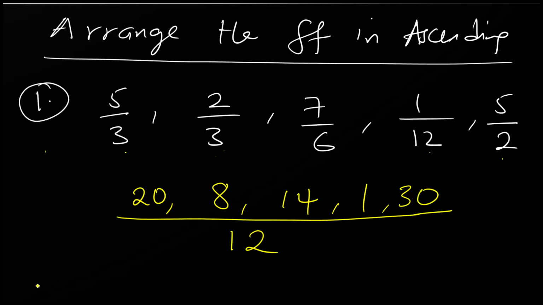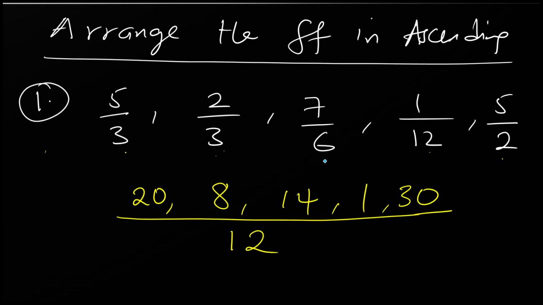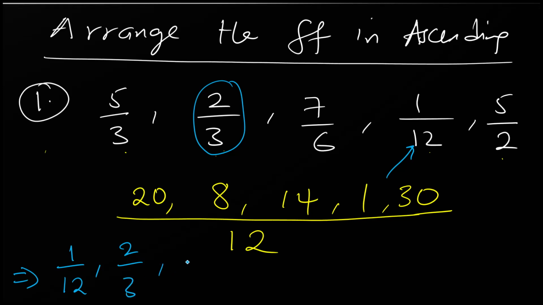Okay, so with this, if we are to arrange them in ascending order, it's very simple. 1 is the least, that corresponds to 1 on 12. The next one is 8, which is the second one here, 2 on 3.